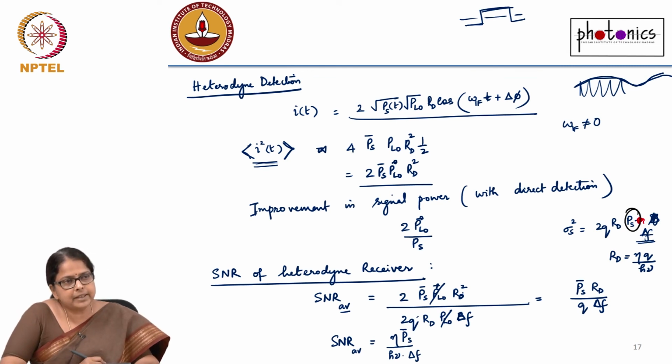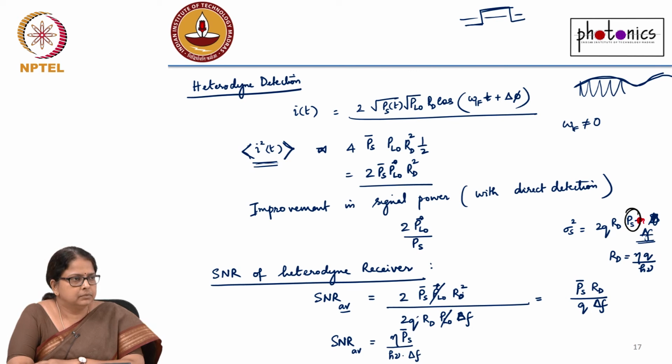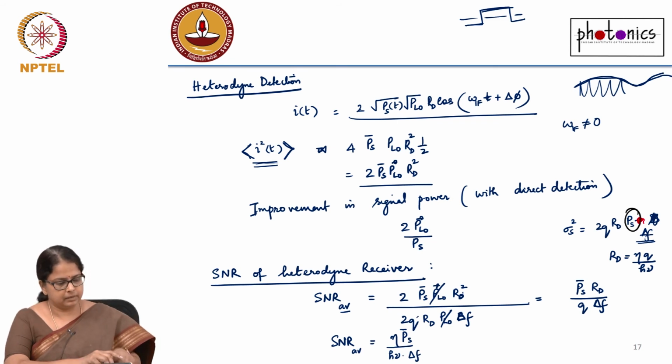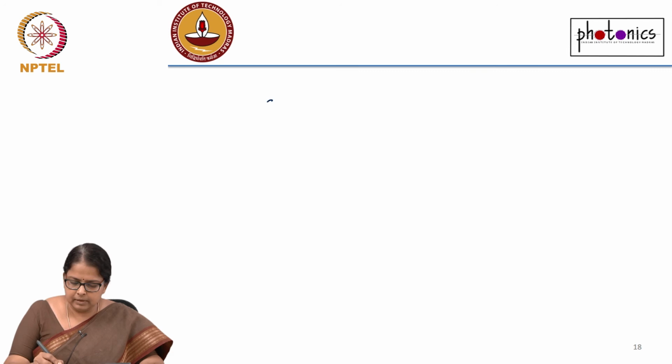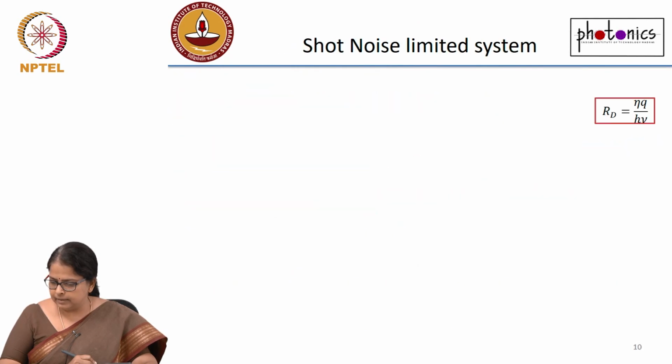So, did you get a benefit when compared to a direct detection receiver? How would you have calculated this for a direct detection receiver? SNR for a direct detection receiver in the shot noise limited condition, we have calculated that, right? We derived that.